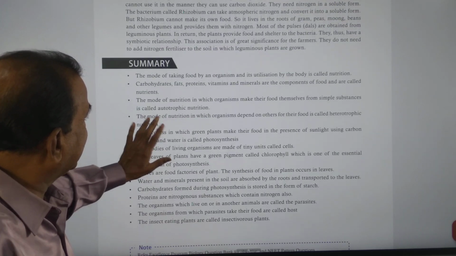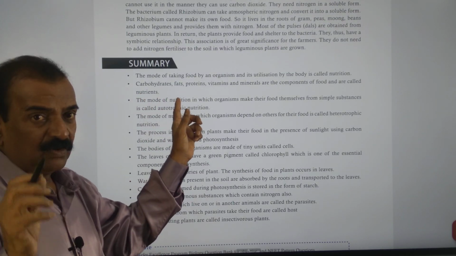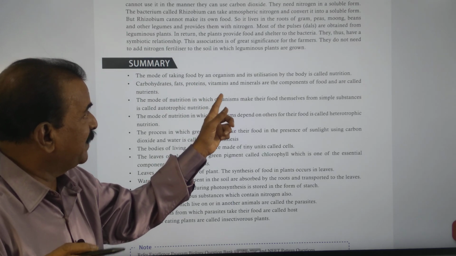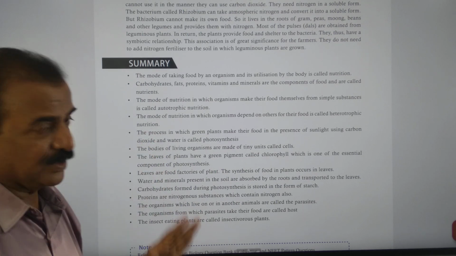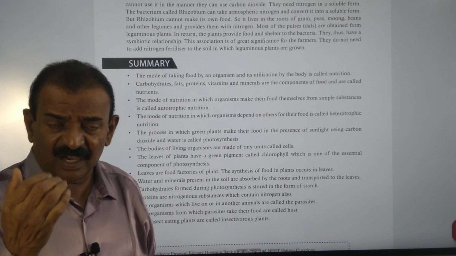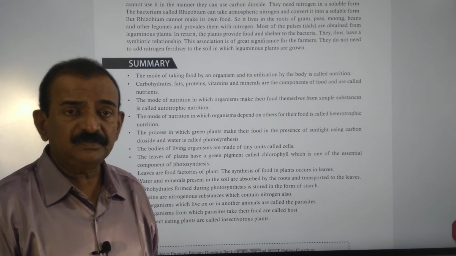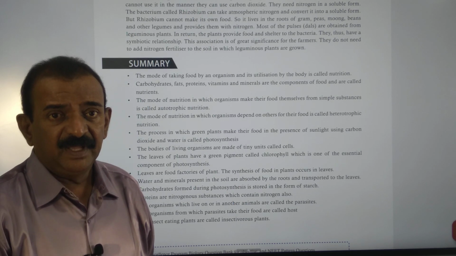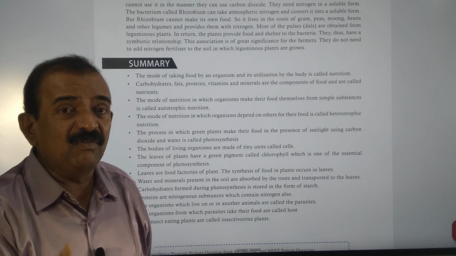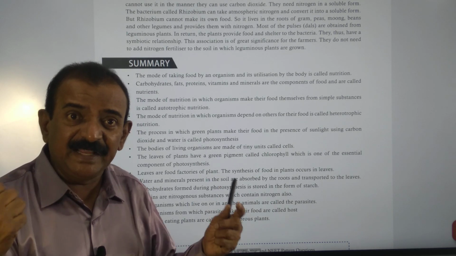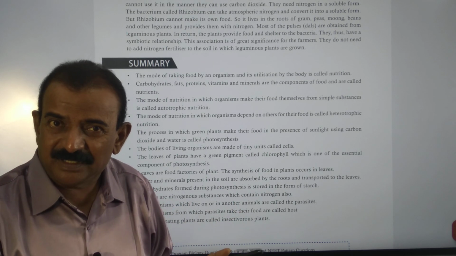Second, carbohydrates, fats, proteins, vitamins, and minerals are the components of food and are called nutrients. We are eating food, and food has energy and nutrients, and our body requires different types of nutrients, not just one type.